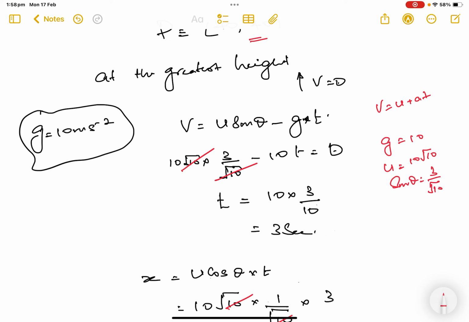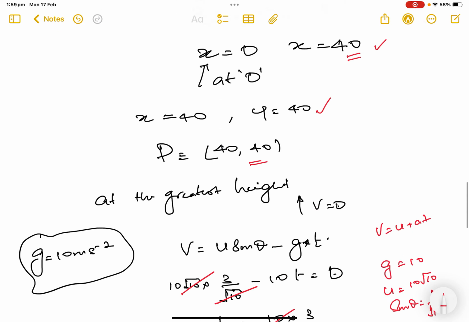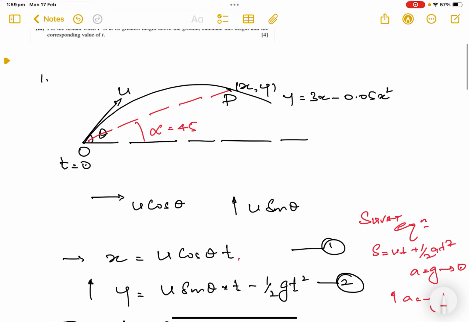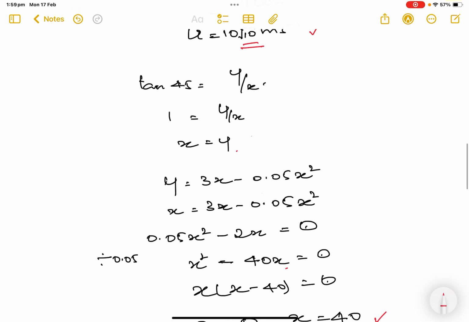So 10 root 10 times 3 over root 10 minus 10t equals 0. From that, we find t: 10 times 3 over 10, 10 cancels. That's 3 seconds. So we know the time, but the greatest height is what we need to get.